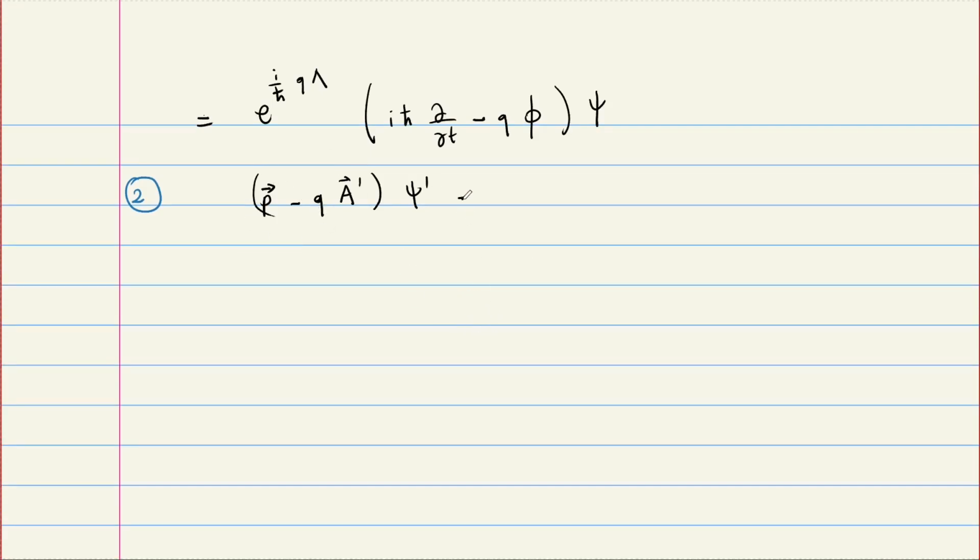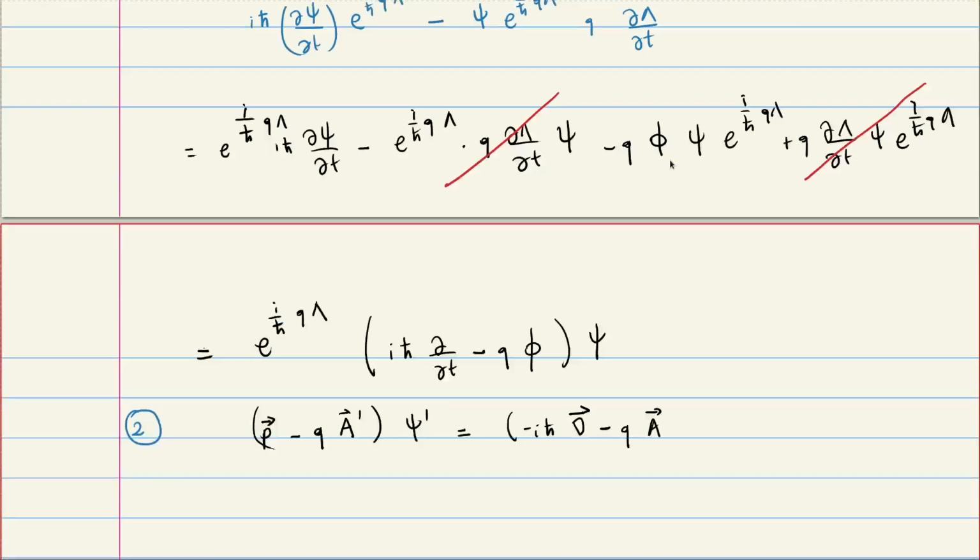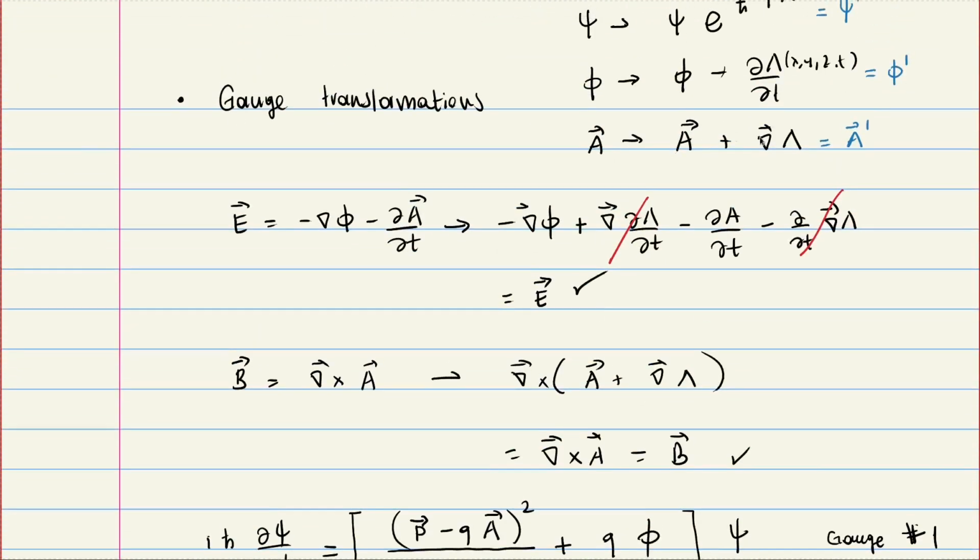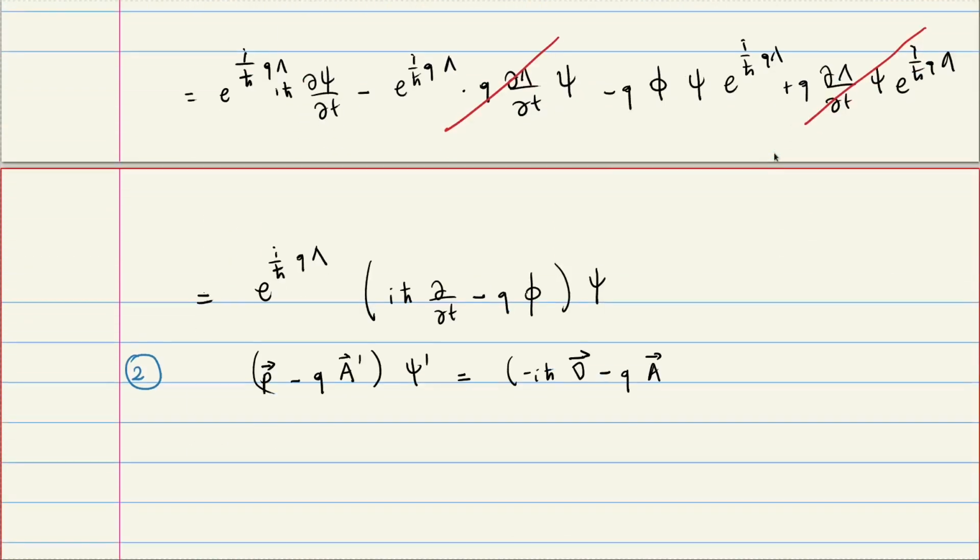So this is going to be equal to minus I h bar, so this is the momentum, minus q A, and I also need the second piece for A prime, which is this gradient.